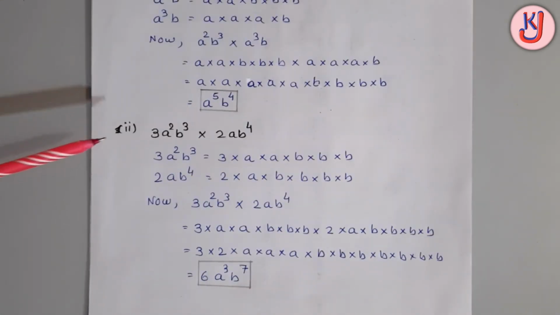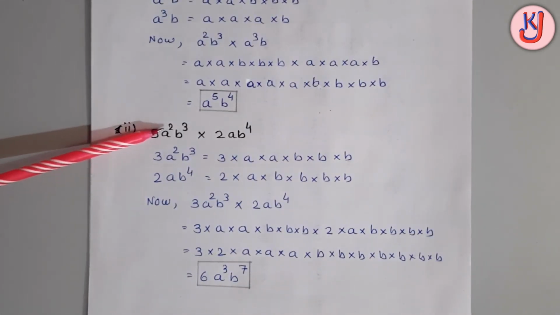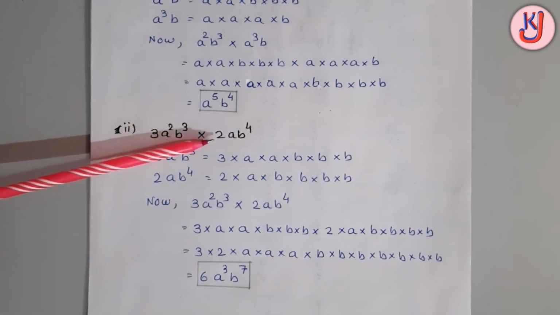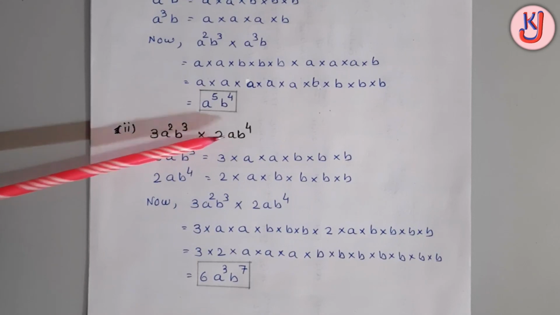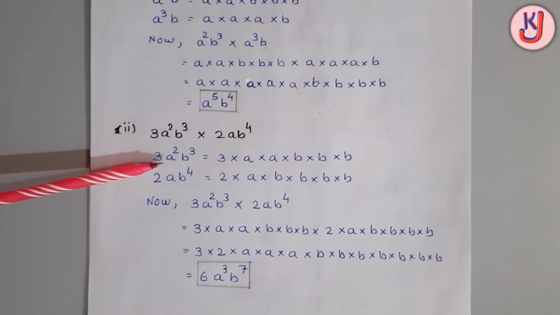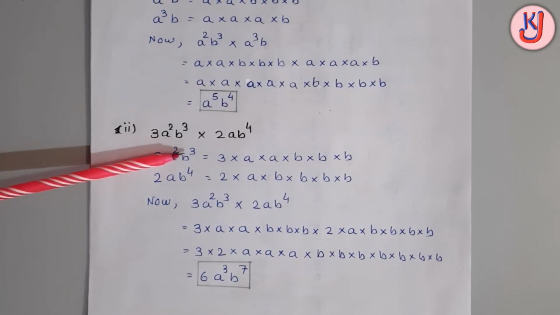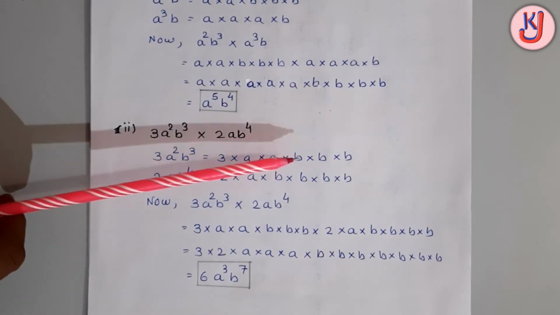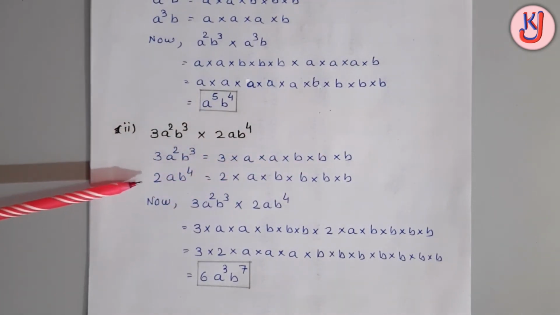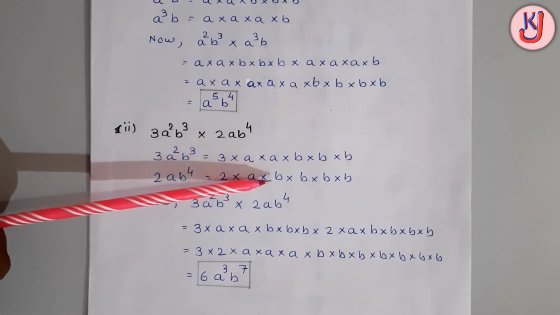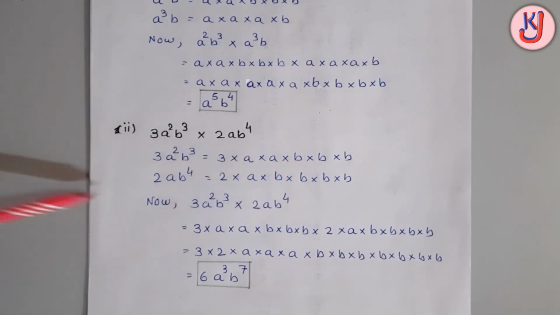Example number 2: 3 a raised to 2 b raised to 3 into 2 a b raised to 4. So 3 a raised to 2 into b raised to 3 can be written as 3 into a into a into b into b into b, and 2 a into b raised to 4 as 2 into a into b into b into b into b.